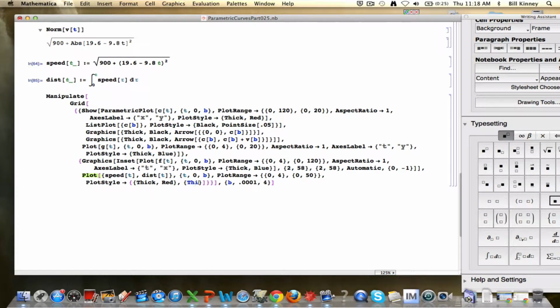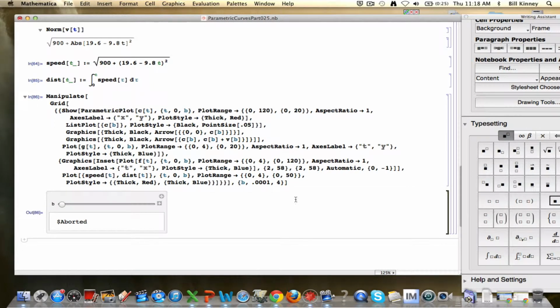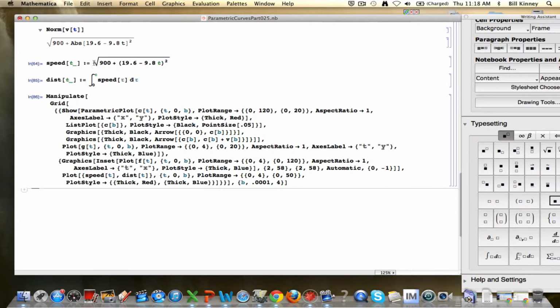Let's make the distance traveled thick blue. I think this may not work. Let's see what happens here. I'm going to run it. It's calculating a lot. It's running. And it's either going to, yeah, it was aborted. Okay, it was either going to run really slowly or be aborted. It was doing so many calculations with a complicated function to integrate that it was having trouble.